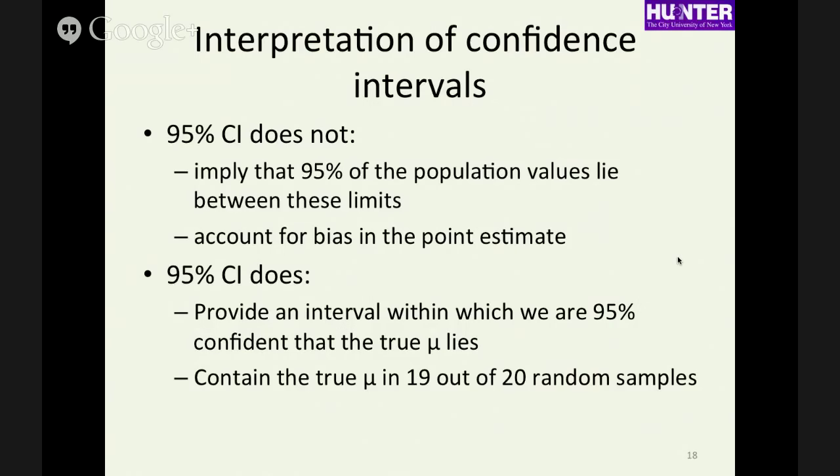So when you use it to calculate a confidence interval, it does not refer to the number of individuals in that range. Anyone want to say why? Yep. Right, the points on the distribution aren't individuals.